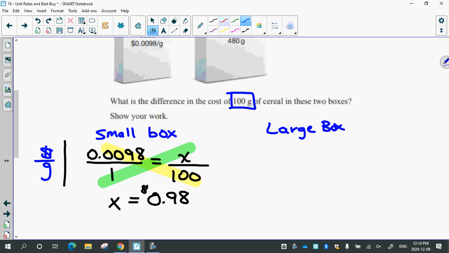Now we're going to figure out how much it would cost for 100 grams for the large box, based on the information it tells me for the large box cereal.